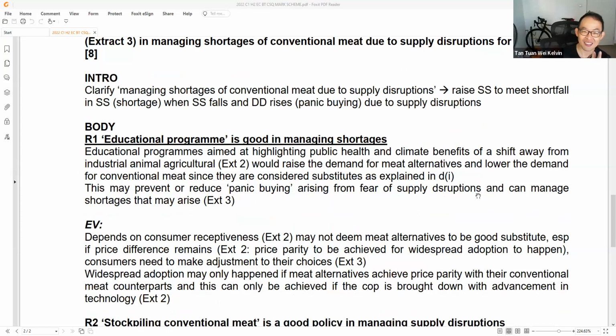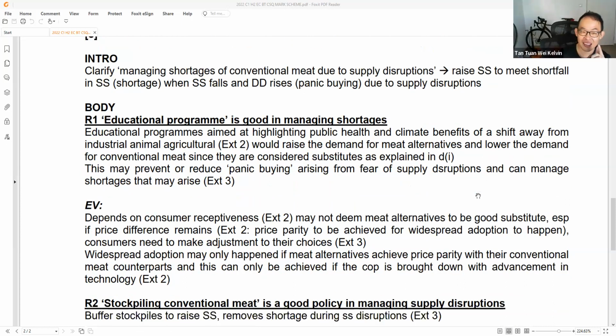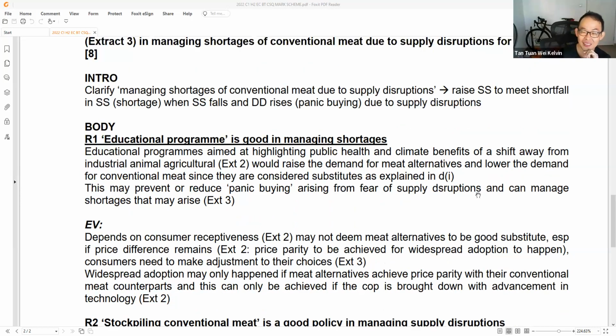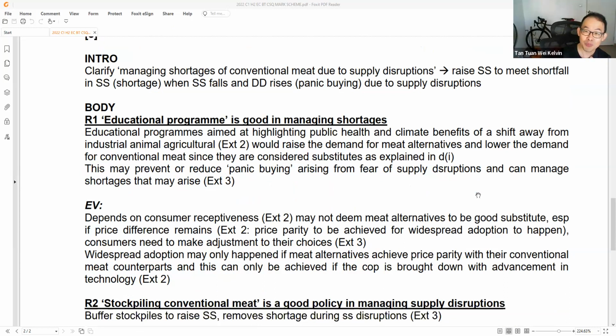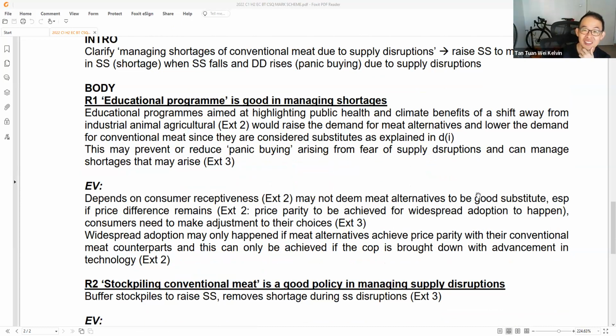For this case, the limitation of the education program is that it depends on consumers' receptiveness. If you don't think that plant-based meat is a good substitute, you wouldn't eat plant-based meat no matter what. And when the price of plant-based meat is so high, there's no reason to switch to it.